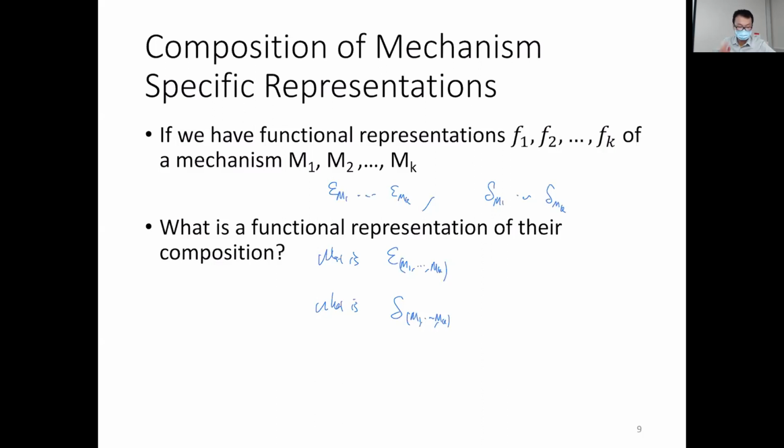I'll mostly wave my hand and not worry about the dependence on the output of the previous mechanism. So technically speaking, this mk is a function of the output of all previous mechanisms and also the data set. But for now, let's just consider that mk takes the data set and is chosen ahead of time.